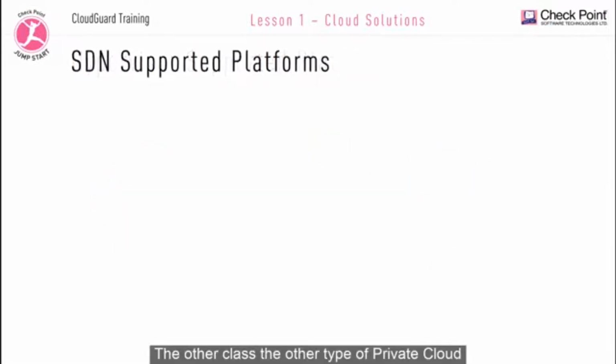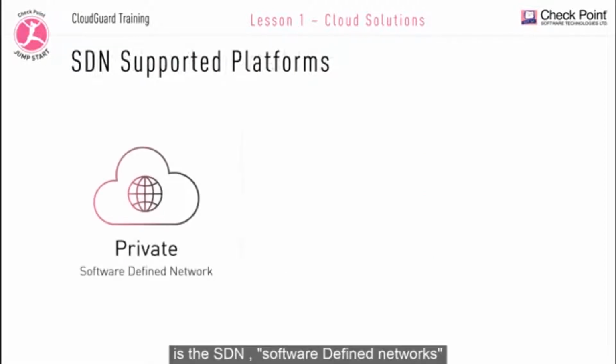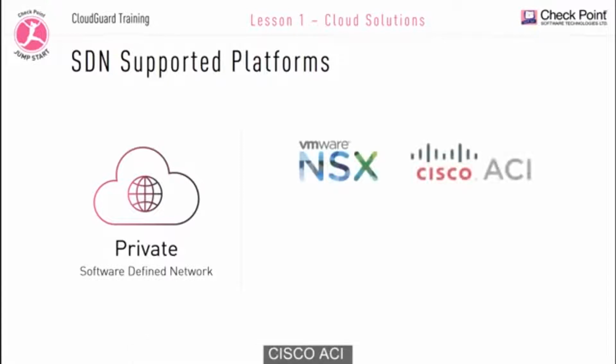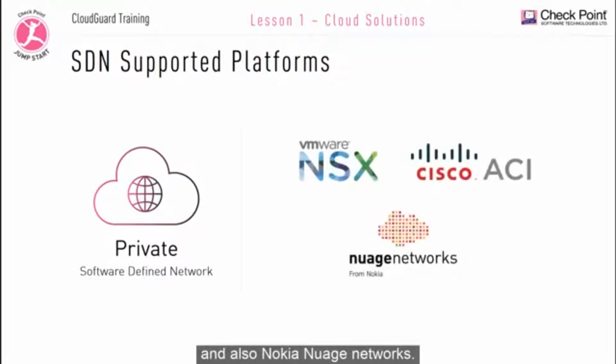The other type of private cloud is the software-defined networks. A software-defined network can virtualize the whole network infrastructure, and CloudGuard can be installed here to protect the whole virtualized network infrastructure. On a software-defined network, CloudGuard is supported on VMware NSX, Cisco ACI, and also on Nokia Nuage Networks.